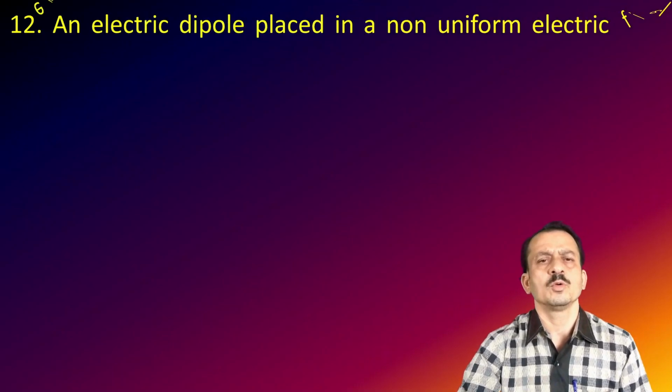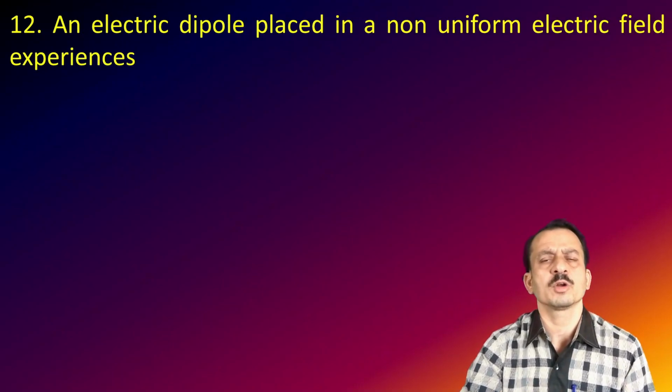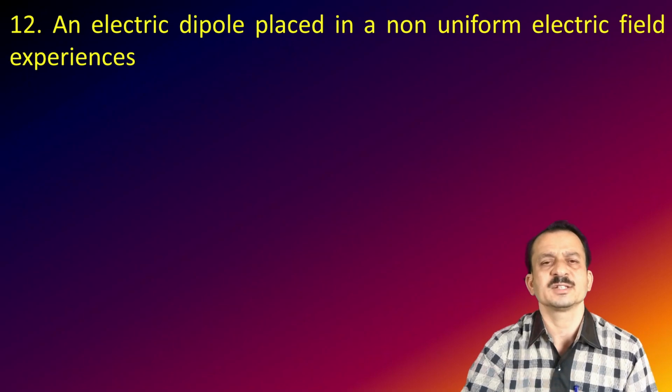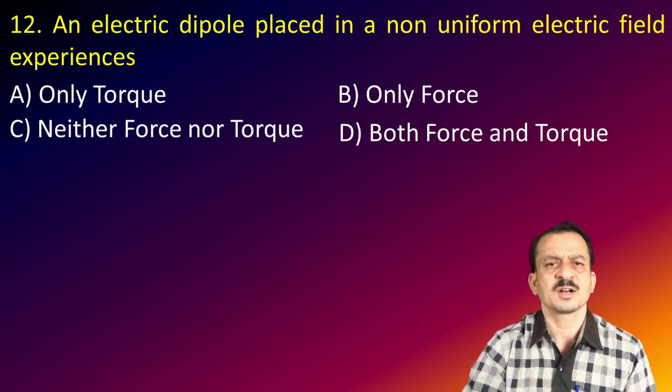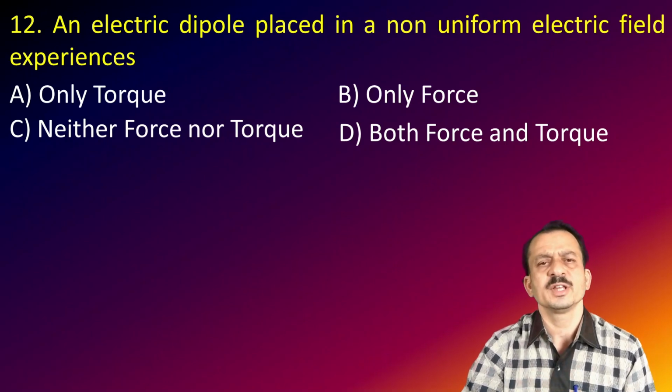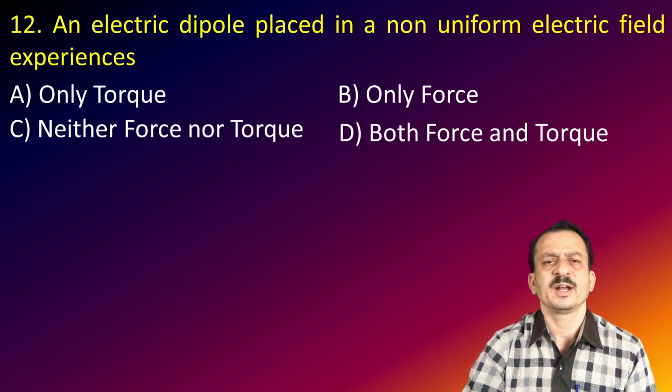An electric dipole placed in a non-uniform electric field experiences, a theory part. Options: A only torque, B only force, C neither force nor torque, D both force and torque. In theory we have studied that a dipole placed in a non-uniform electric field experiences both torque as well as force.